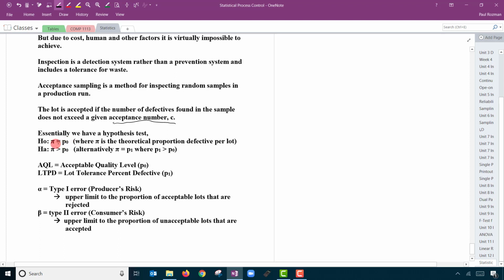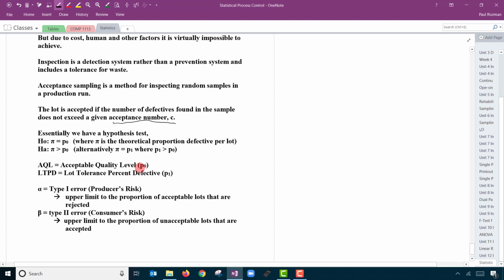So that's my null hypothesis. The alternative hypothesis is that it's higher in most cases. That's the bad case, if there are more defectives around than what you expect.